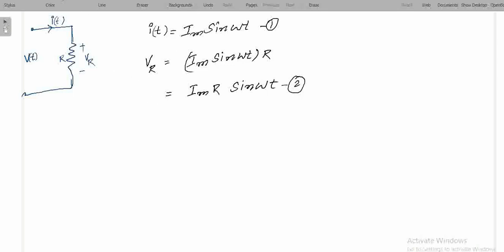So if I consider impedance, Z is equal to voltage by current.